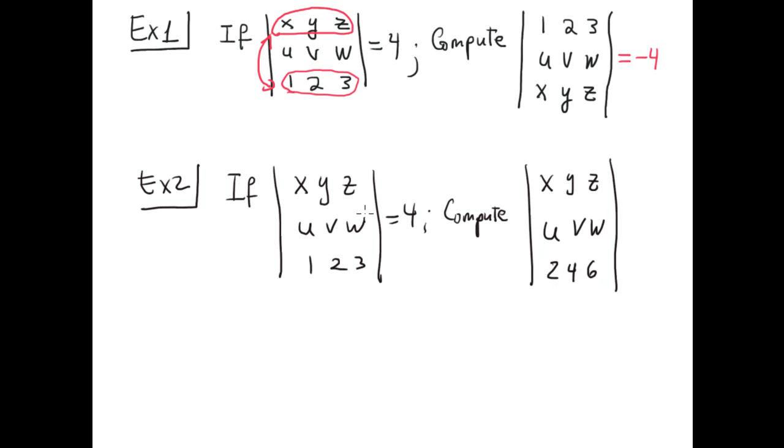Wow. The order is the same. Nothing is interchanged. But this is doubled, no? 1 times 2 is 2, 2 times 2 is 4, 2 times 3 is 6. You apply property number 4: when you multiply any row or any column by one factor, in this case the factor is 2, the value of the determinant is also multiplied by 2. The answer is 4 times 2 is 8.